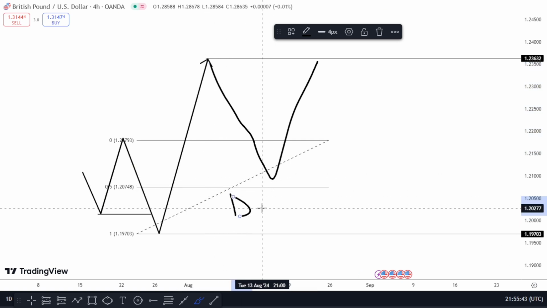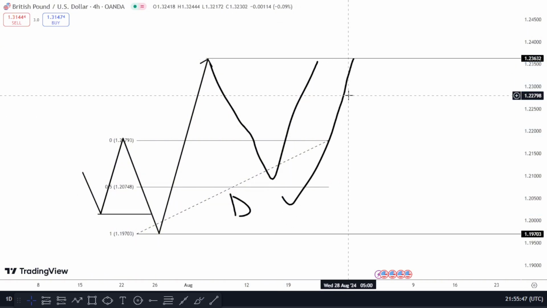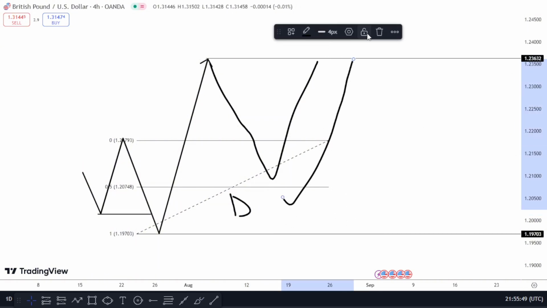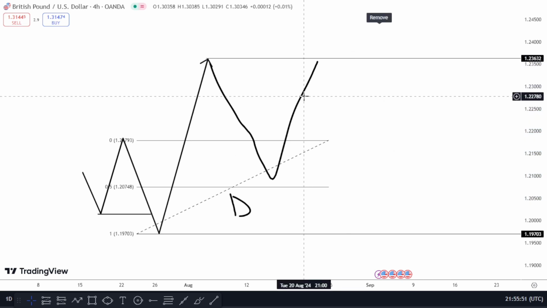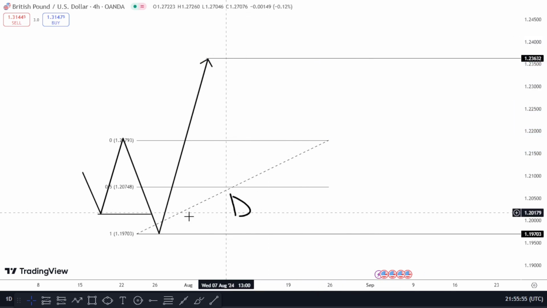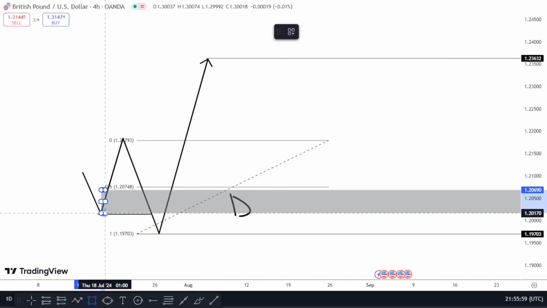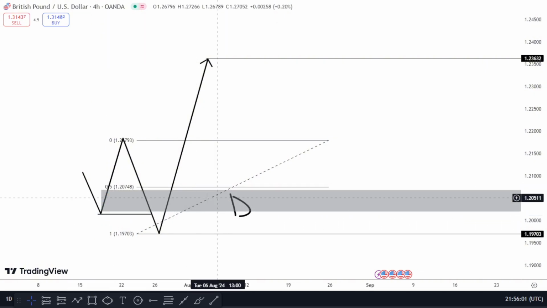So anything below here, you can actually buy and it's safe. So that is what becomes your point of interest. Using your Fibonacci tool, you're able to identify your point of interest.